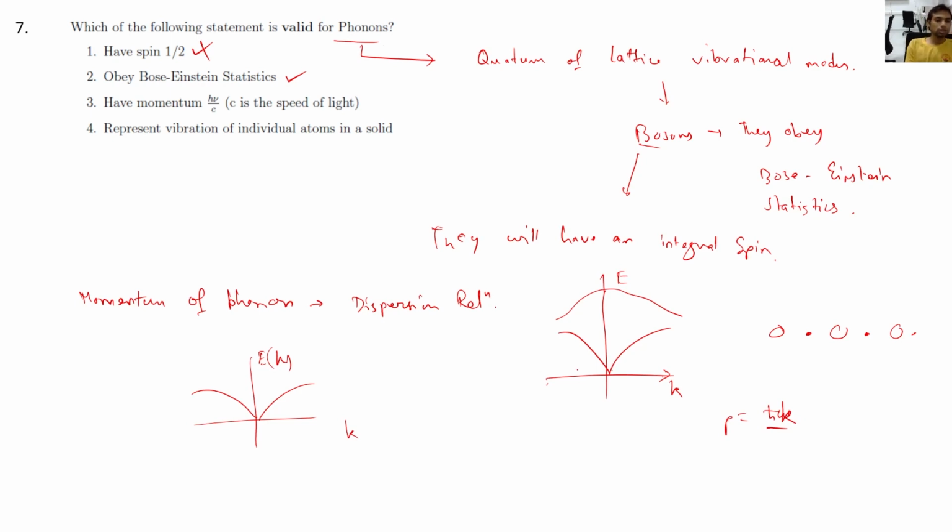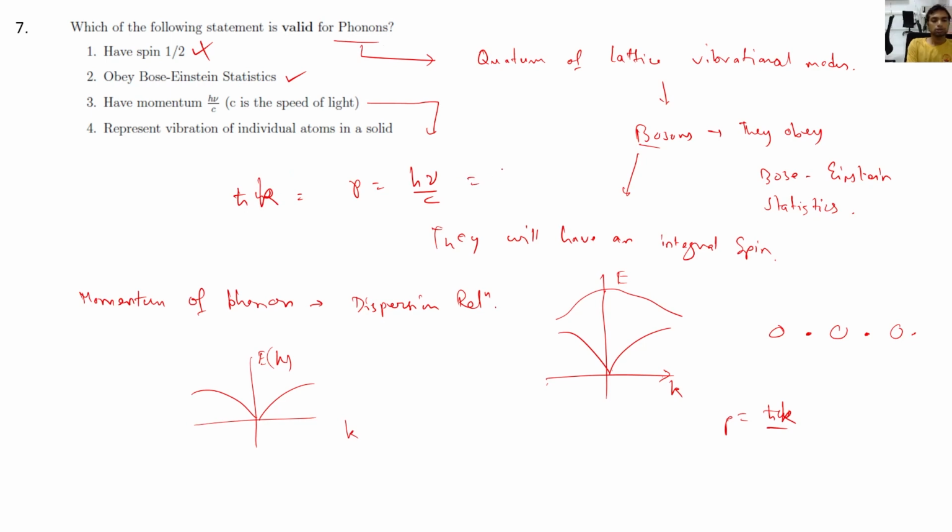Whereas here what it is saying is the momentum p is equal to h nu by c, so this is h bar omega by c, h bar k.